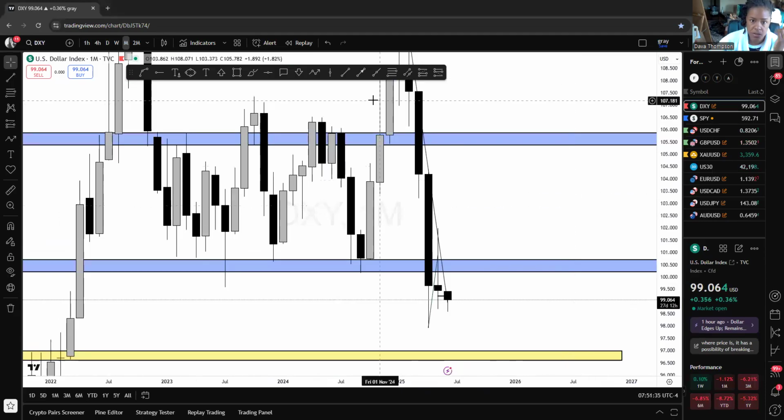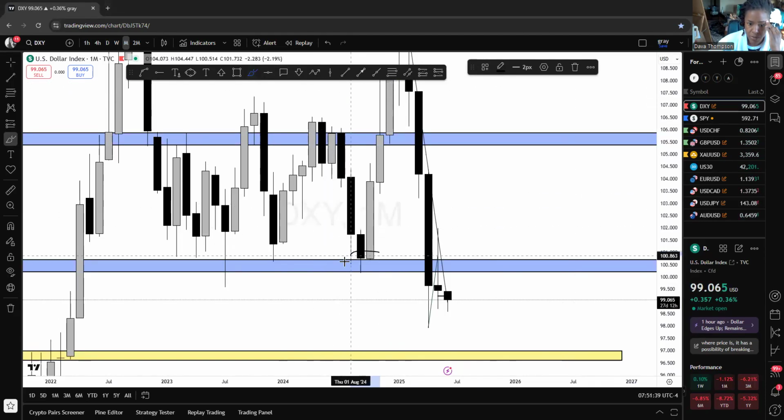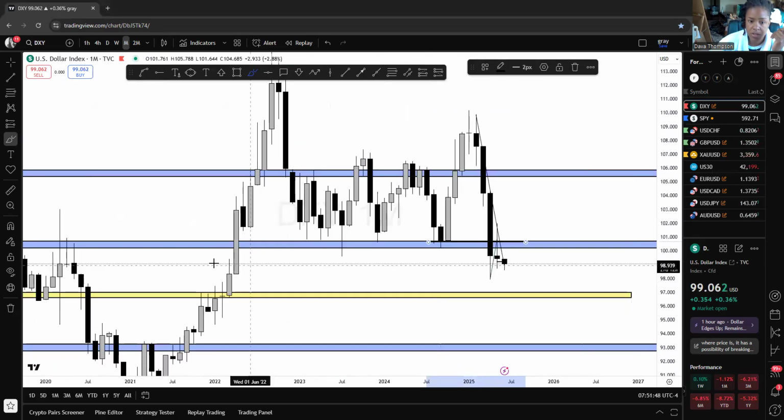So we had a level of support here. It was fine, and then we broke it. I feel like we were more so bullish because higher lows maintain an uptrend, lower highs maintain a downtrend. We had a higher low here, and it was maintained the entire time until we had a level of support up here, which we didn't have previously.